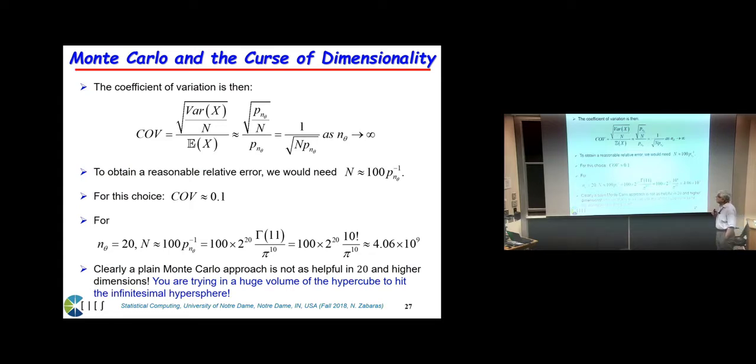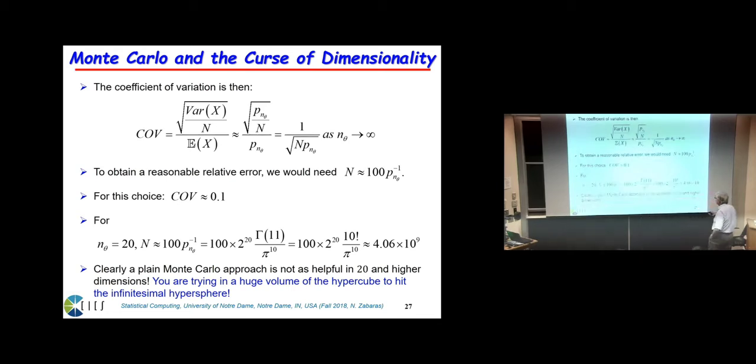Okay? So basically, yes, Monte Carlo methods have a nice convergence rate independent of dimensionality, but then you see here also the difficulties of actually operating in high dimensions, that the number of samples to achieve some reasonable coefficient of variation is extremely, extremely high.